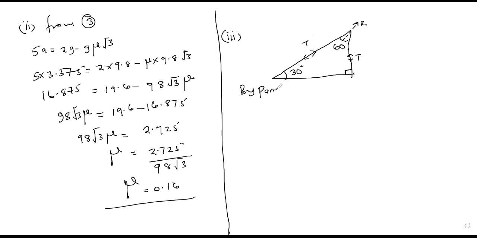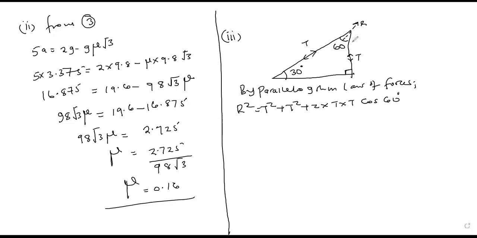What does it imply? It implies that if we use the parallelogram law of forces, we are going to have R squared equals T squared plus T squared plus 2 times T times T cos 60, the angle with which R is respective.